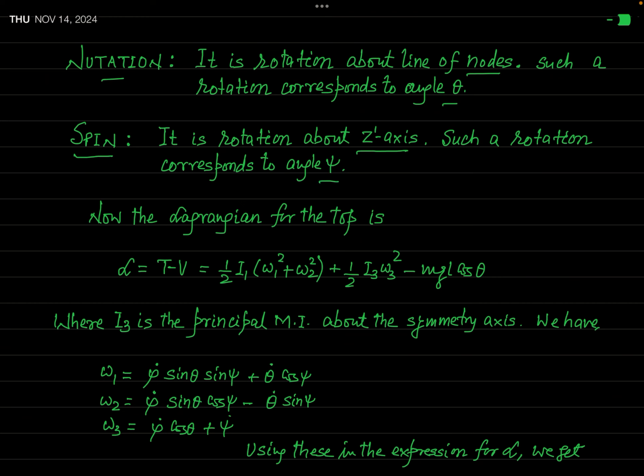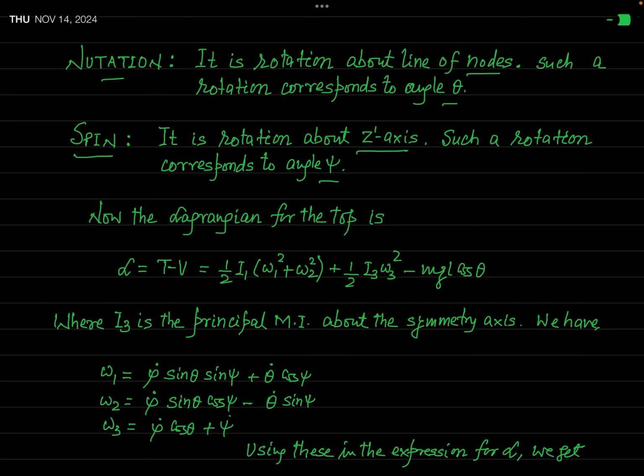Okay, so these three types of motion, apart from the translational motion of a rigid body, are possible. Now our aim is to discuss all these types of motion here, and we will adopt the Lagrangian formulation of mechanics to discuss the problem of motion of a heavy symmetrical top under gravity.